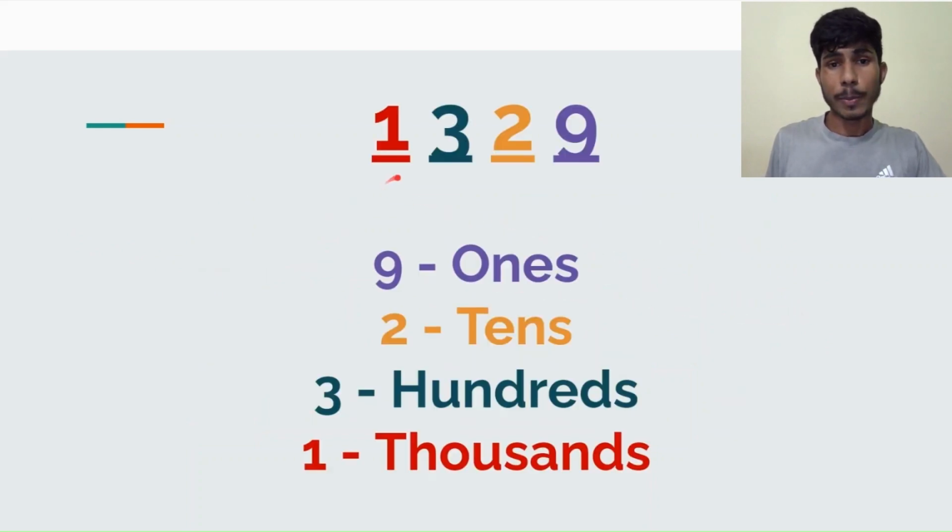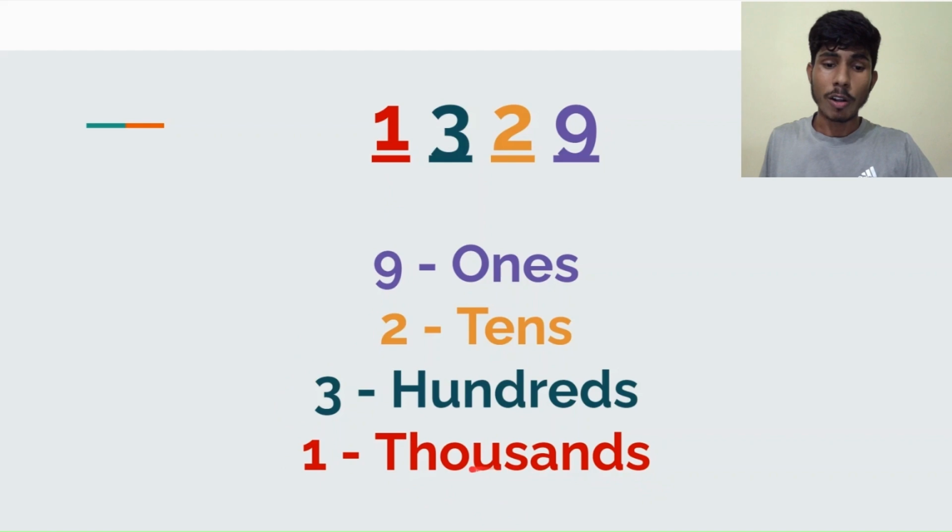Suppose you have the number 1329. This 9 is in ones place, this 2 is in tens place, this 3 is in hundreds place, this 1 is in thousands place. So that means you have 9 ones and 2 tens and 3 hundreds and 1000. 9 is in ones place, that means you have 9 ones. 2 is in tens place, that means you have 2 tens. 3 is in hundreds place, that means 3 hundreds. 1 is in thousands place, that means you have 1000.